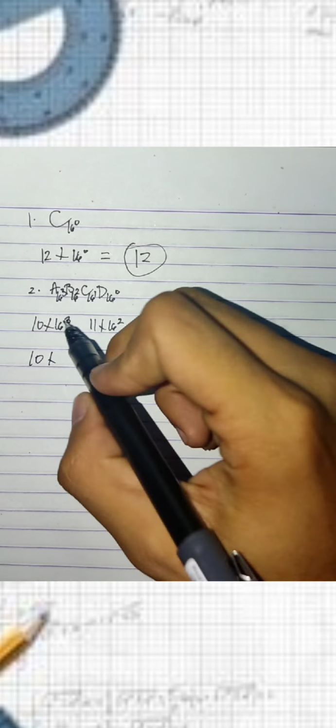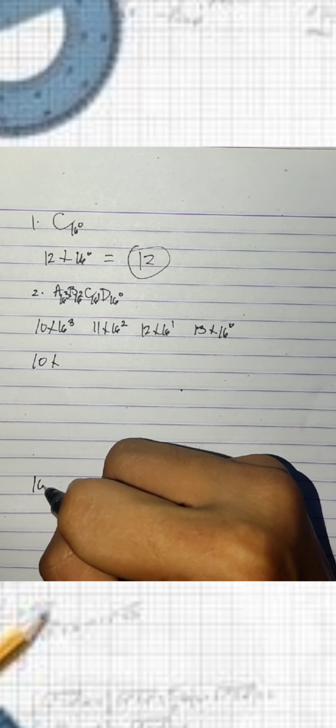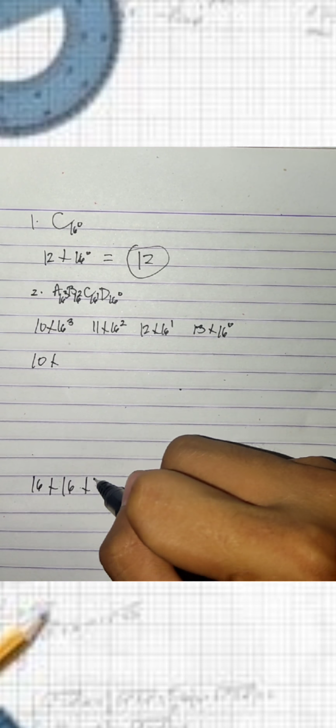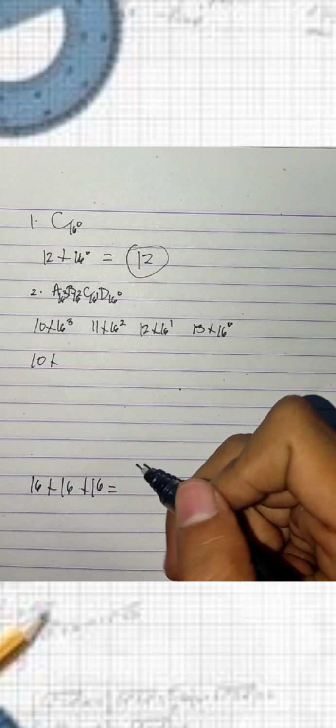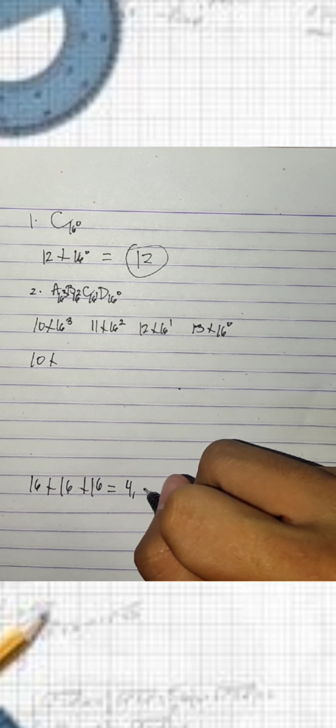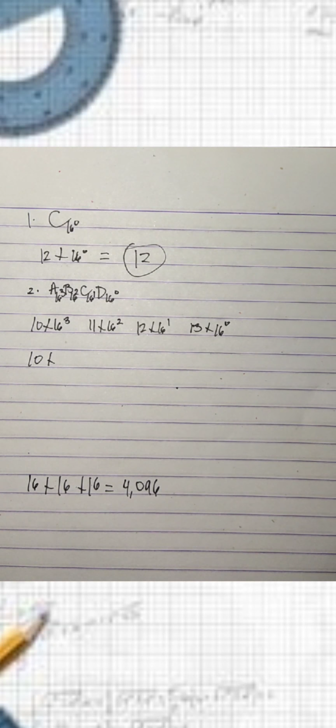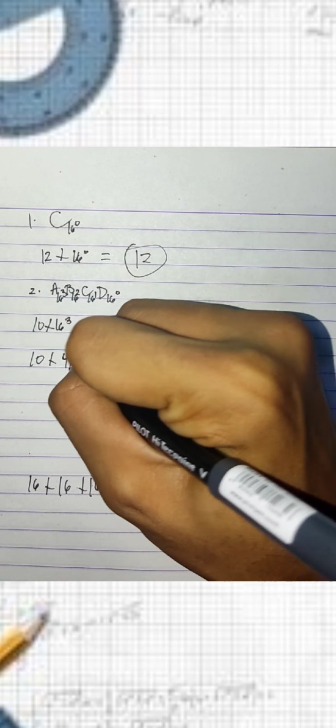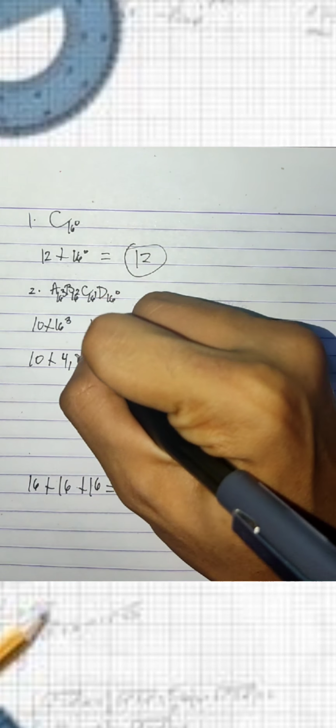So, kailangan natin ulit mawala to. 16 times 16 times 16 is equals to 4,096. Lalagay natin dito 4,096.